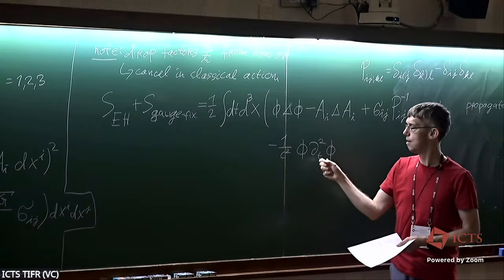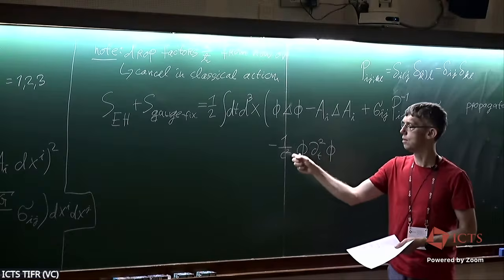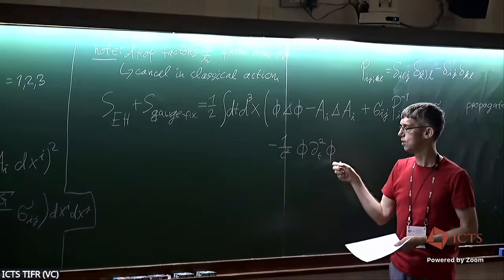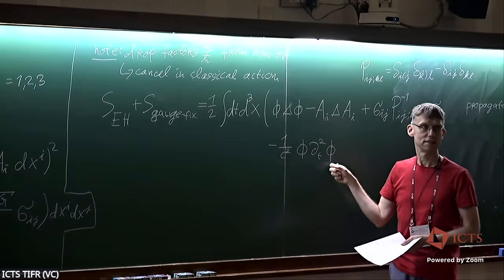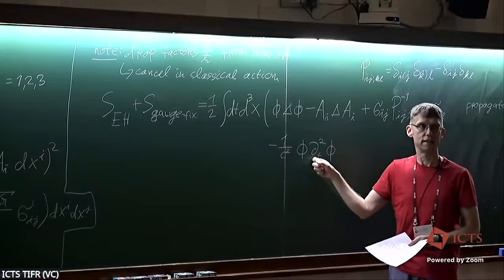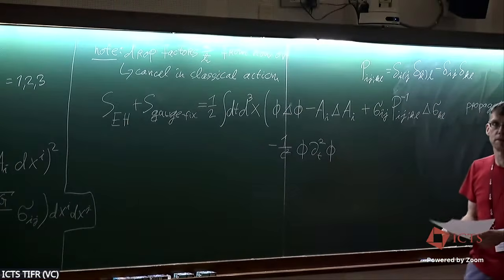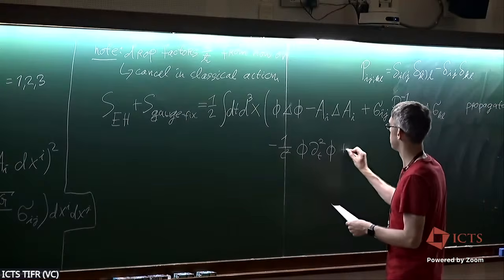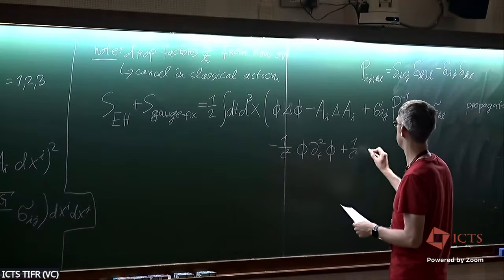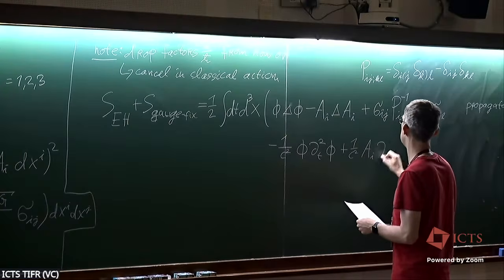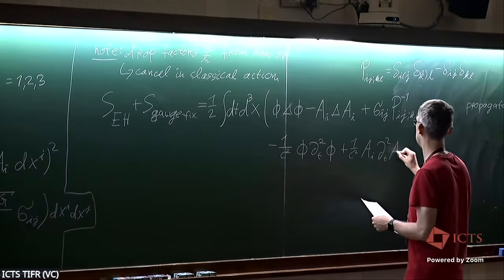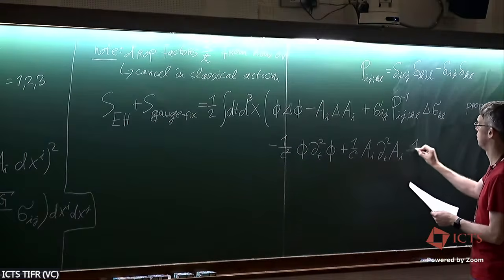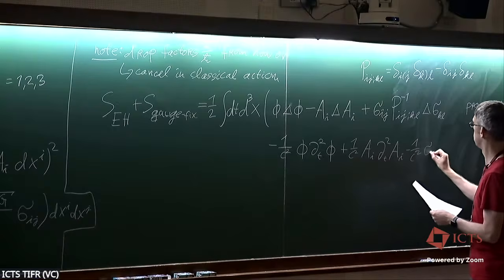But here, since we want to expand in 1 over c squared, we get something a little unusual, which is a vertex with only 2 lines, right? And it contains basically 2 time derivatives. So that's a bit unusual in the Post-Newtonian approximation. And then we get the same thing for the A field, and another one for the sigma field.